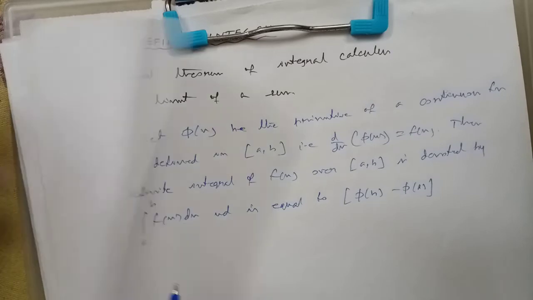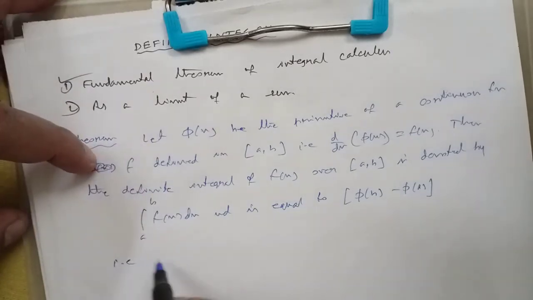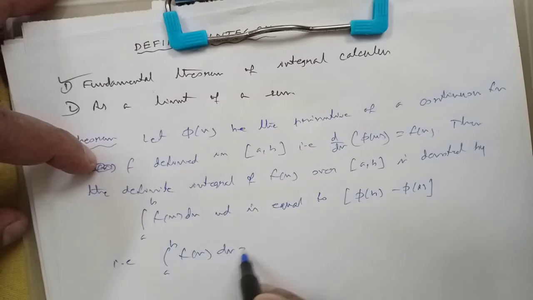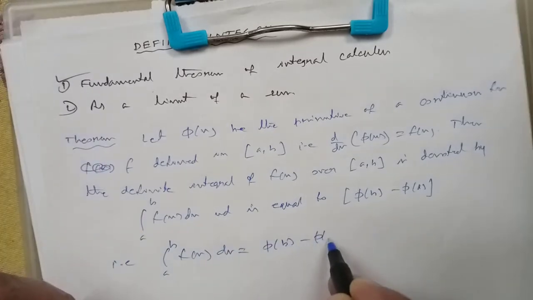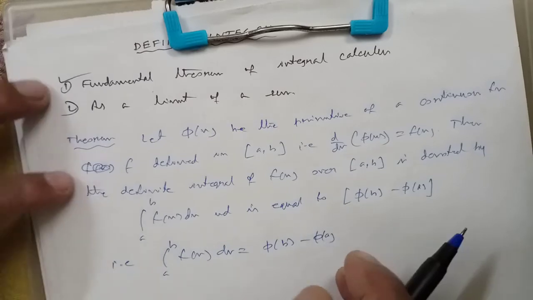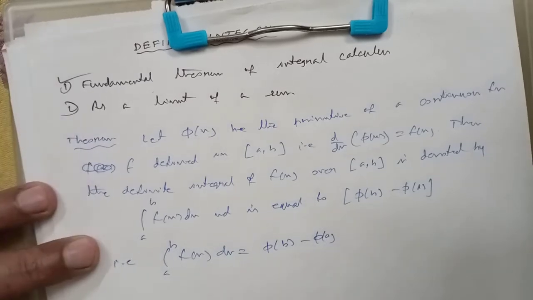That is, we can say integration a to b fx dx is equal to phi b minus phi a, where phi x is the primitive of fx. That means derivative of phi x is fx.